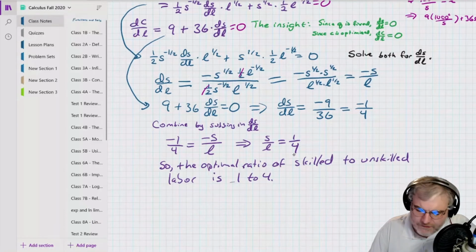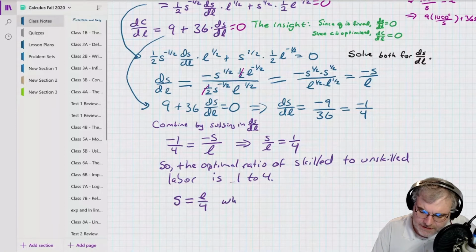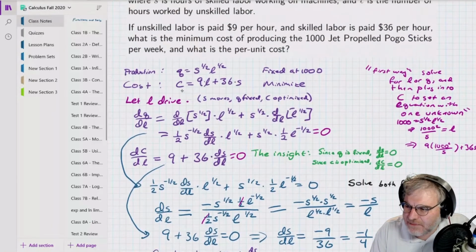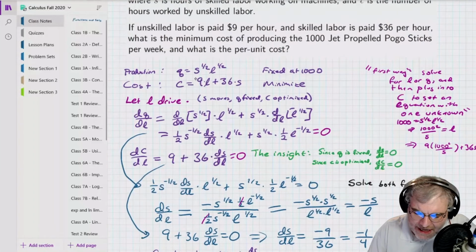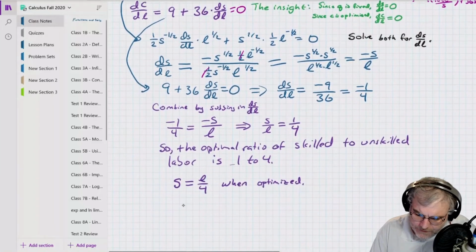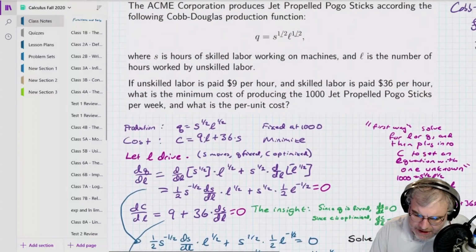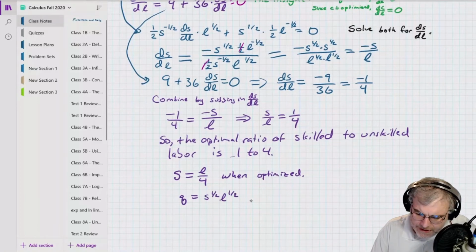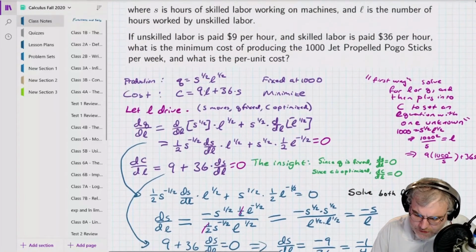Now I solve for one of these, let's do S. So I have that S equals L over 4 when optimized. So now what I can do is go back and sub back into my thing. So I had Q equals S to the 1/2, L to the 1/2, and then my optimization was 1,000.